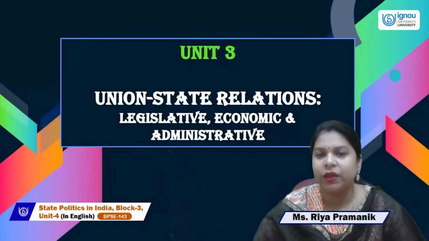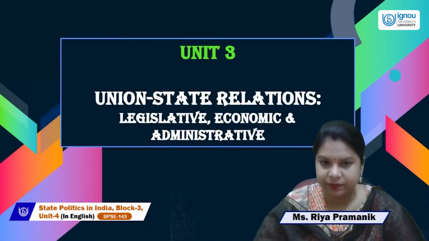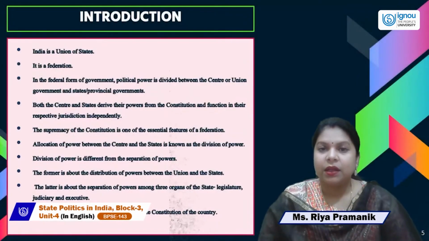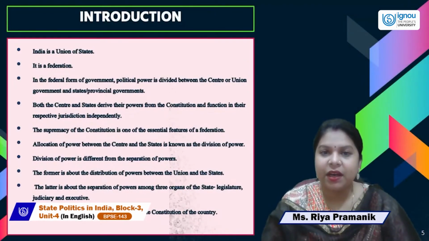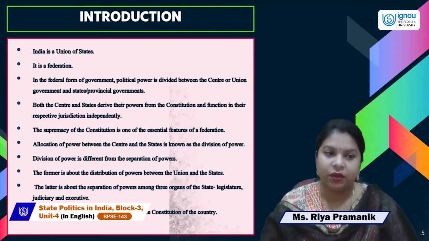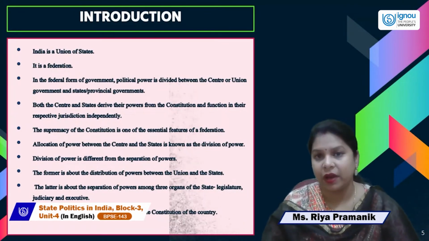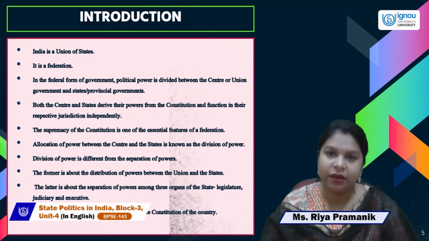So let's start with Unit 3, that is union state relations, legislative, economic and administrative. To start with, India is a union of states. It is a federation. So in the federal form of government, political power is divided between the center or union.